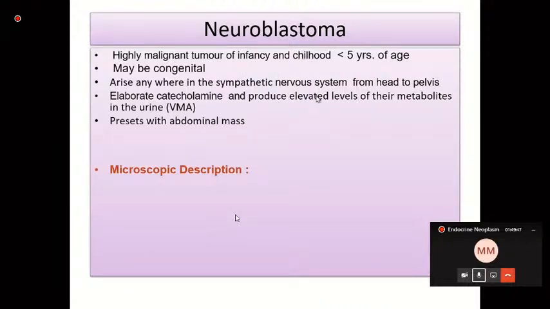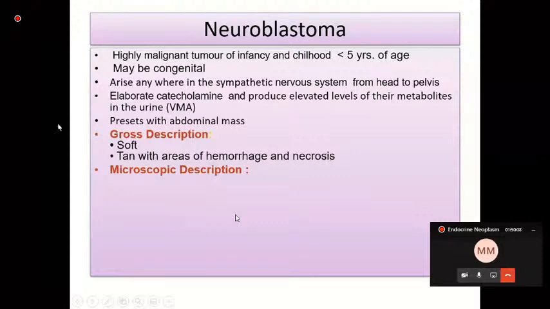If you see the child have the VMA or elaborated catecholamine, in this case we cannot say pheochromocytoma. It is neuroblastoma. Okay, and the patient usually presents with an abdominal mass. Okay, so gross description is soft tan with hemorrhage.